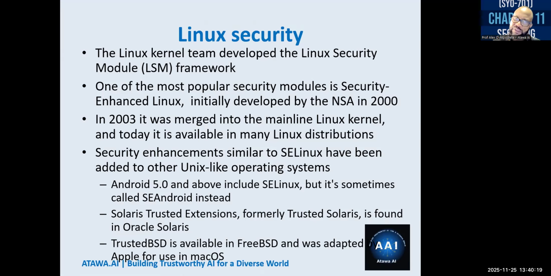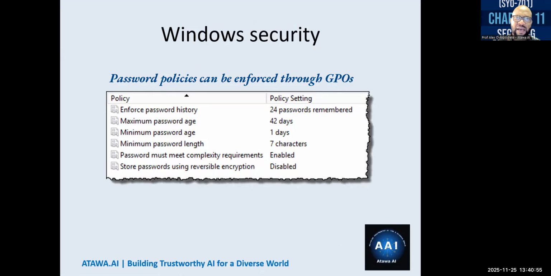Then 3 years later, it was merged into the mainline Linux kernel. So this secure Linux has also been added to other Unix-like operating systems. This is something that I was working on way back in the 80s, Unix systems, and most people don't have interaction with that. But for example, Android 5.0 and higher uses this Security Enhanced Linux. So I call it SELinux, right? Even Solaris and then Trusted BSD all have this.